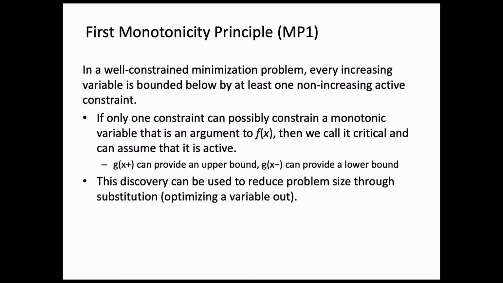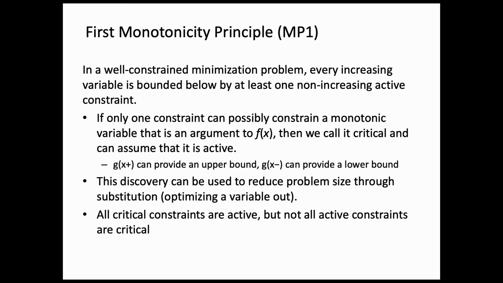And we'll have a couple of examples of this. Remember, all critical constraints are active, but it doesn't go the other way. Not all active constraints are critical. It is possible to have an active constraint that does not satisfy the requirement that we just described. A constraint could be active even though there's another constraint in the problem that is capable of constraining the problem.